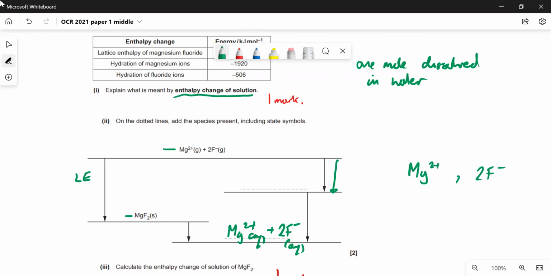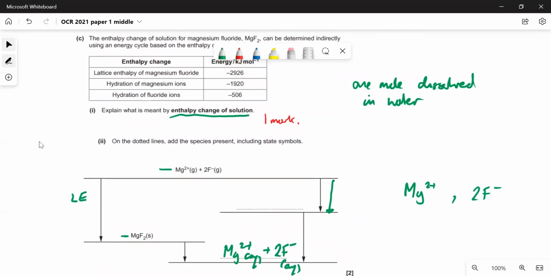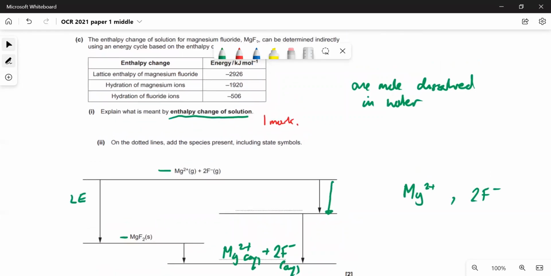So we need to have a quick look at the values there. And you see there, the enthalpy of hydration of magnesium is really big because magnesium is a small ion, nearly minus 2000, where each fluoride is only about 500. So this small change here, drawn with the green arrow, that's when we're hydrating the fluoride ions.